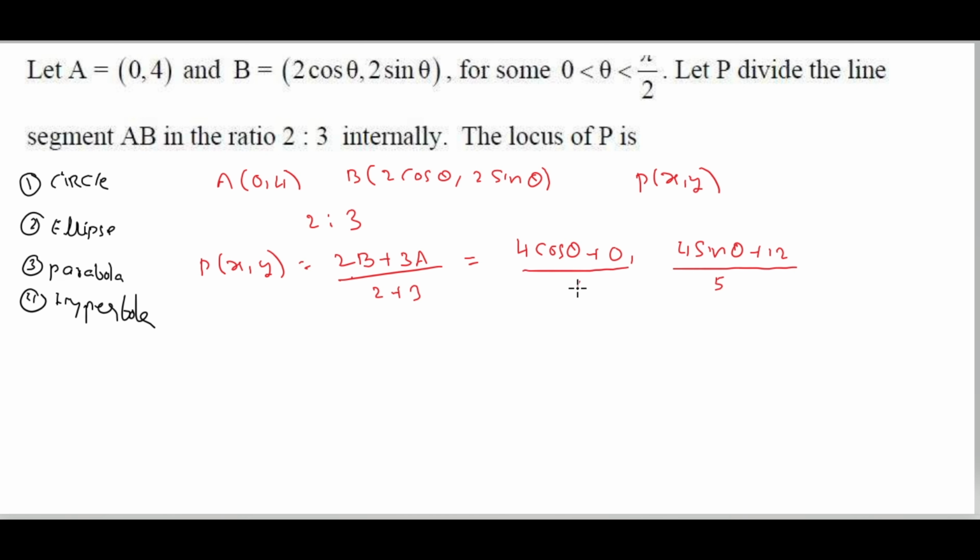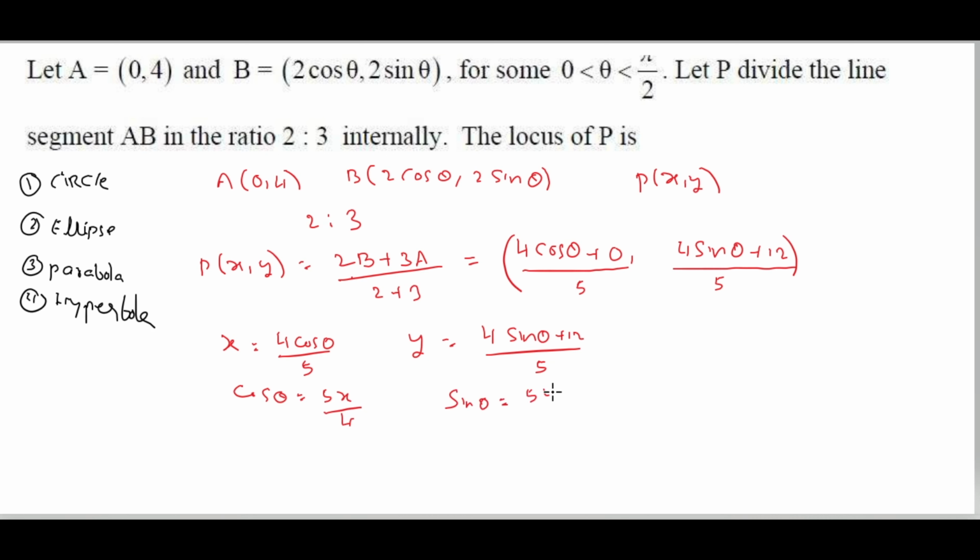Here 2 plus 3 is 5. Now from this, the x value is 4 cos theta by 5 and y value is (4 sin theta plus 12) by 5. So from this cos theta is equal to 5x by 4, and sin theta is equal to (5y minus 12) by 4.